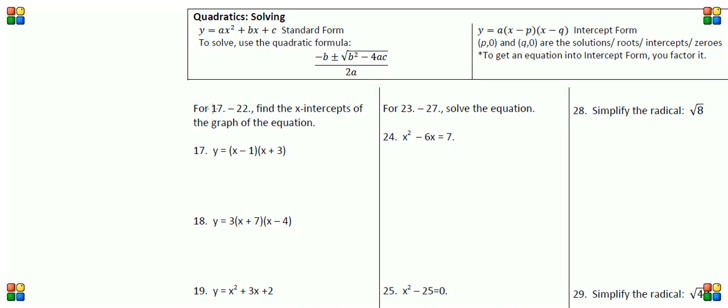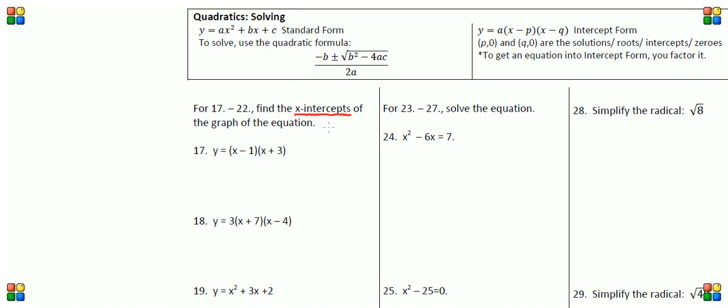So it says for questions 17 through 22, find the x-intercepts of the graph of the equation. We could also call this solutions or zeros or roots. We can also say solve.